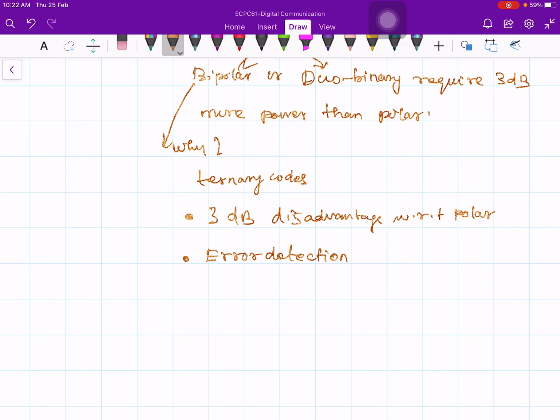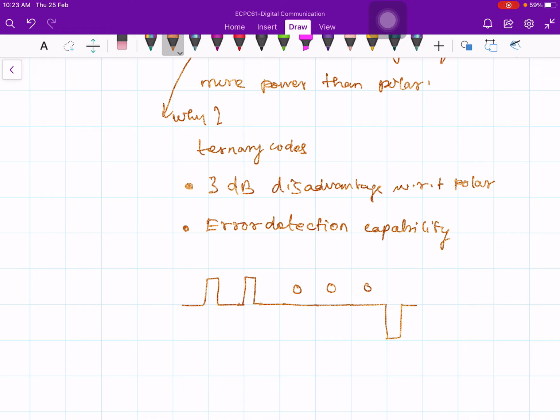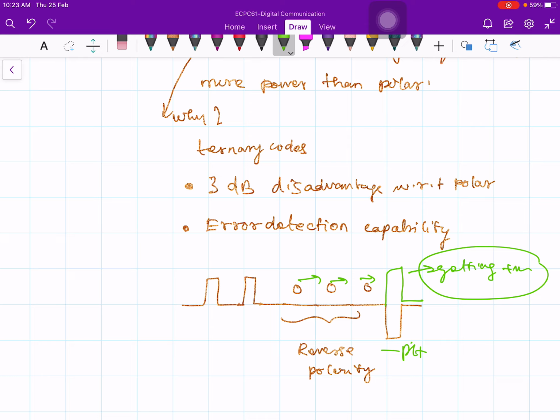As per the duobinary scheme, I should have a pulse like this, because an odd number of zeros reverses the polarity, but due to noise, instead of having this negative p of t, if I get a positive pulse like this, then there is an error, because when you encounter an odd number of zeros, you should have the negative pulse, but instead you are getting a positive pulse. That means there is some error that has taken place somewhere, and similarly the other way around also.